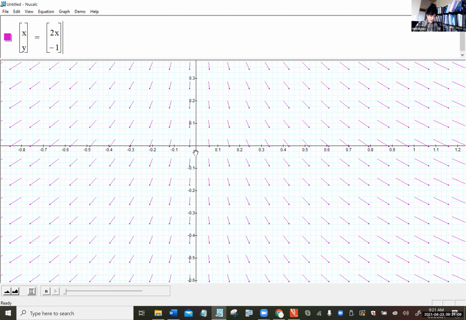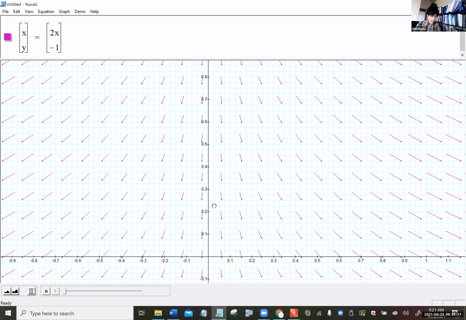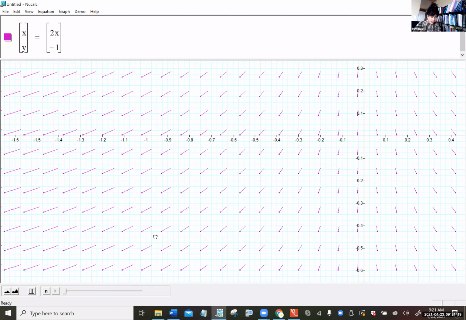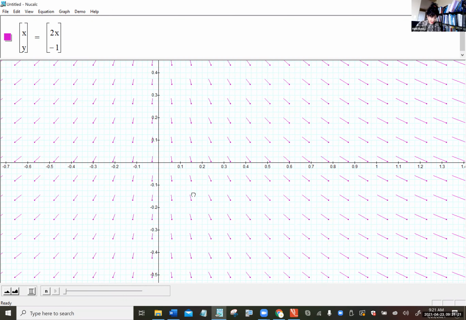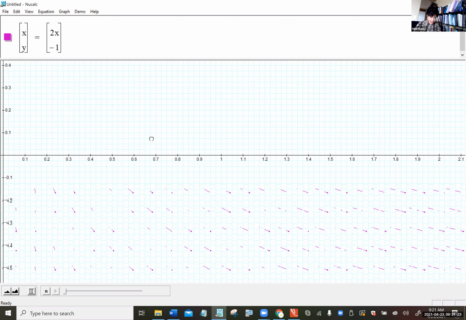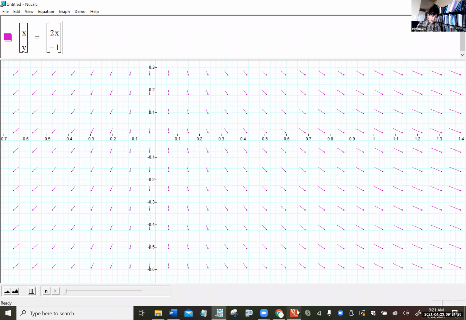So that's a picture of the vector field. You can see all the tips of the vectors kind of look like dots because this software doesn't do so well, but they're mostly flowing downward. It looks like a downward flow, down and out, not quite like rain, but kind of like that. So that's a cool looking vector field.